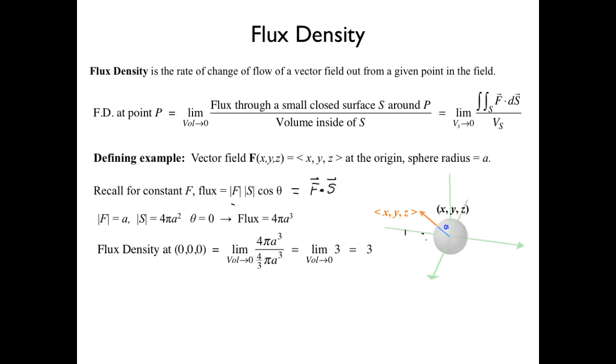No, that was the divergence, right? So check the divergence. What's the divergence of F? Partial with respect to x plus partial with respect to y plus partial with respect to z. What do you get? You get 3. See that? So flux density is kind of another perspective of divergence. It's really the same thing as divergence.